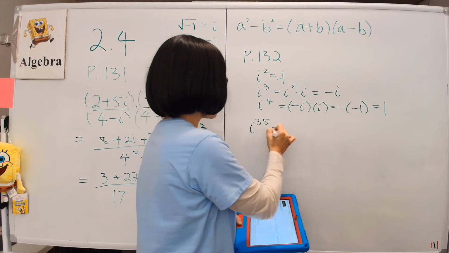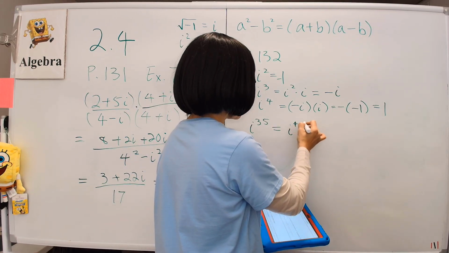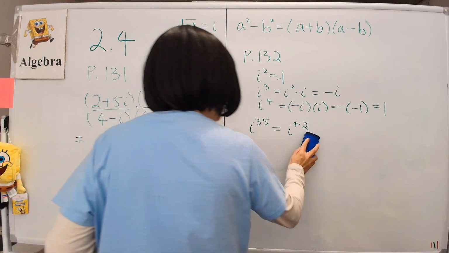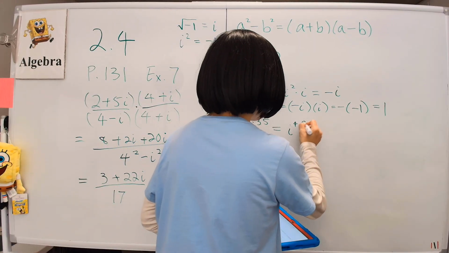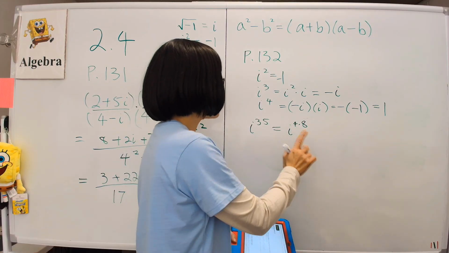So i^35 equals i^(4 times 8) times i^3. Now each i to the power 8 is 1, right? So 4 of them is still 1.